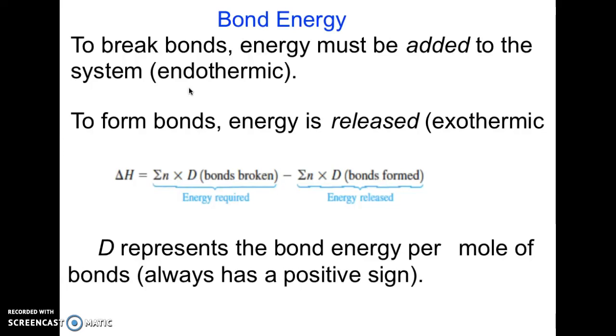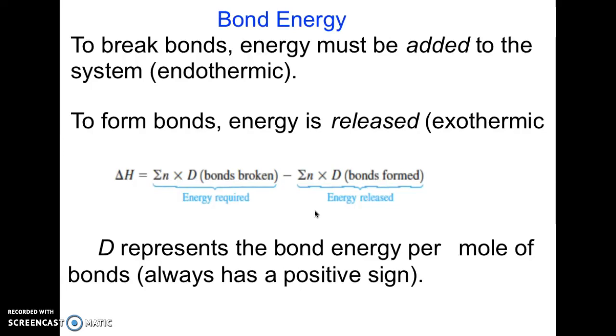When new bonds are formed, because the potential energy is lowered, energy is released, and that is an exothermic process. So we can calculate that change in energy by calculating that delta H is equal to the sum of the bonds broken minus the sum of the bonds formed, where D represents the bond energy per mole of bond, which will always have a positive sign.